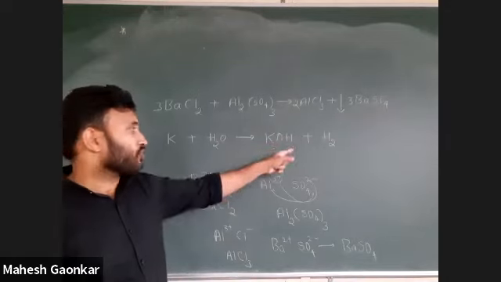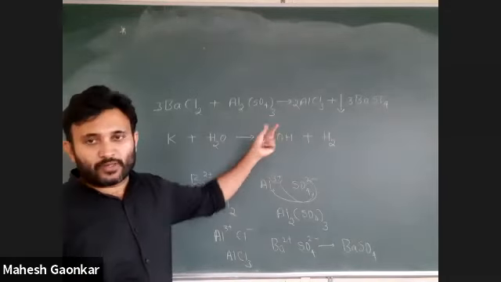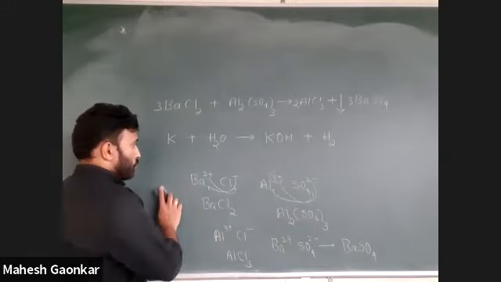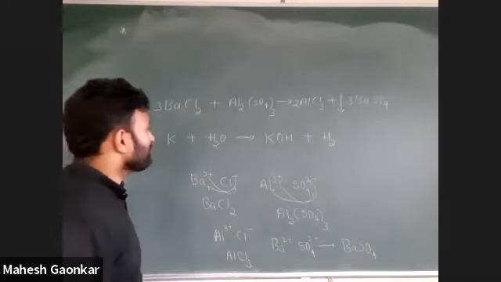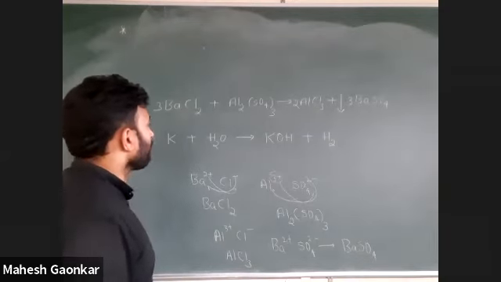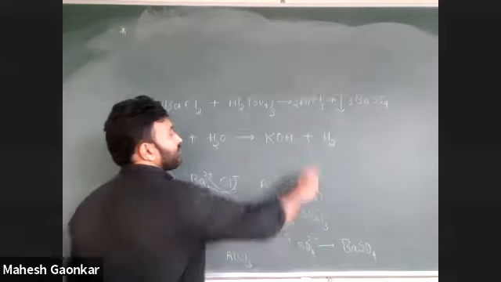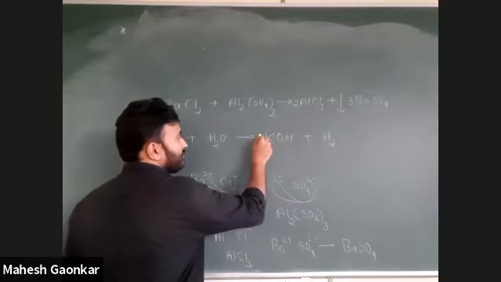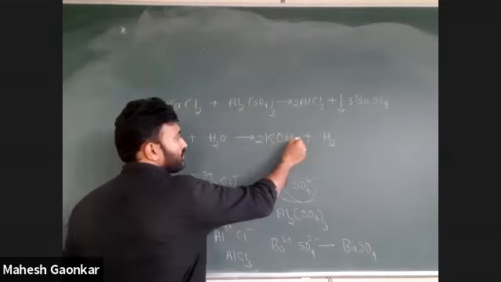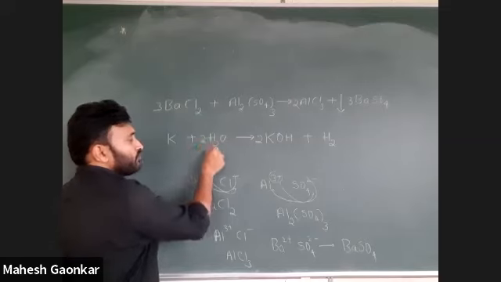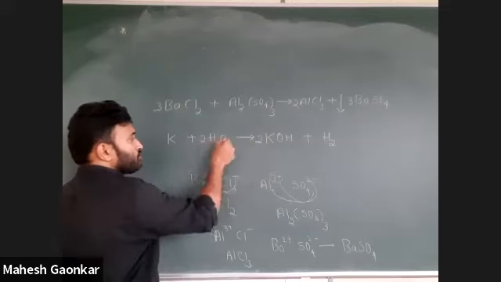Similarly, potassium hydroxide, K plus OH minus, so it is KOH. Is it balanced? 2K. Here we cannot write, so we can write 2 KOH, 2 hydrogen atoms. Then 4 hydrogen, so we can write 2H2O, 4 hydrogen atoms, 2 oxygen atoms, 2 oxygen balanced.